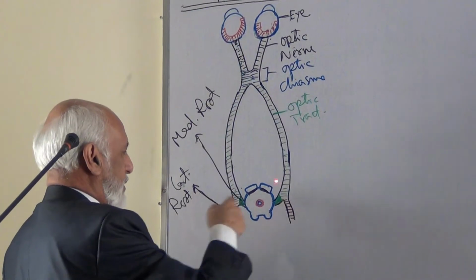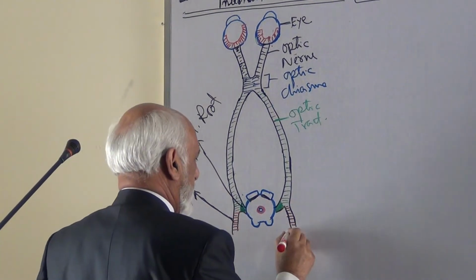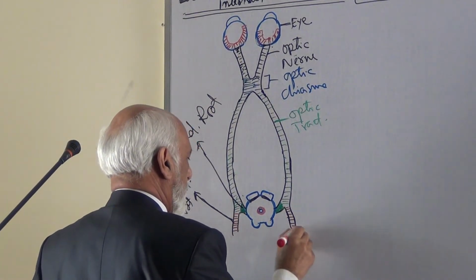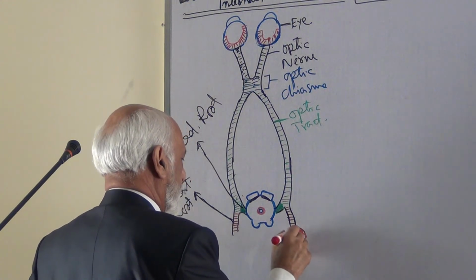The medial root enters the midbrain, while the lateral root relays in the lateral geniculate body on each side.